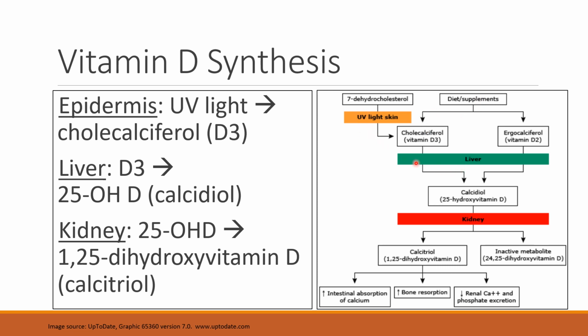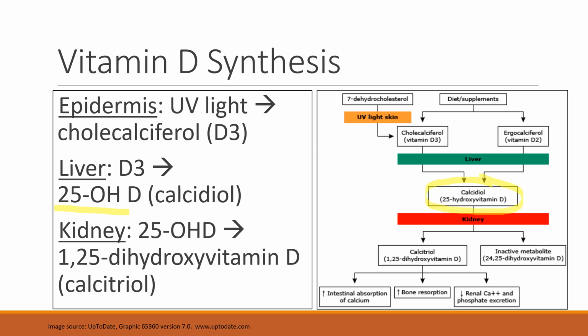And then it gets converted into this one thing called calcidiol, 25-hydroxy vitamin D, shortened by this 25-OH. OH means hydroxy. So 25-hydroxy vitamin D is created in the liver.